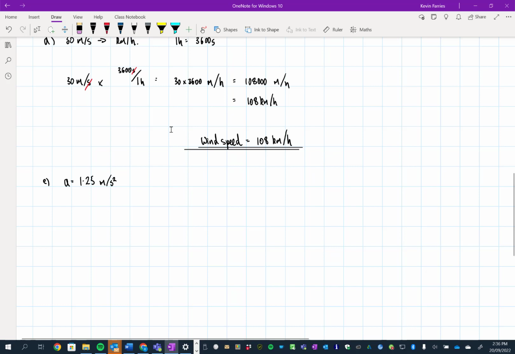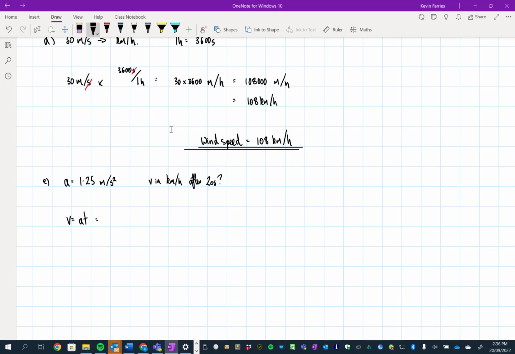Now, we'll learn this in a minute, but if it starts at rest, then to calculate the velocity you just do acceleration times time. I'm sure you all know this. We are needing v in kilometers per hour after 20 seconds.